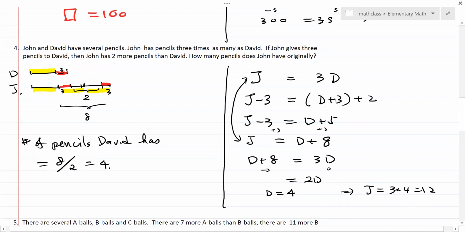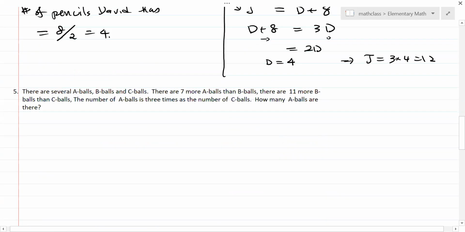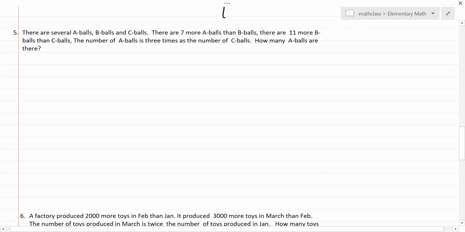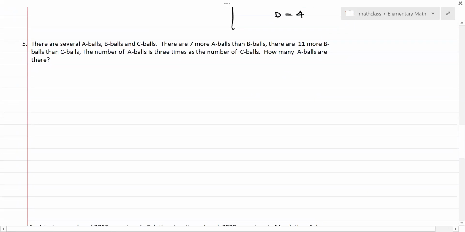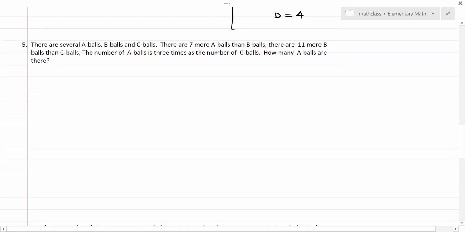I hope you are able to draw the picture. Okay, so let's take a look at number 5. There are several boards we call A, B, C. They're marked. There are 7 more A boards than B boards, and there are also 11 more B boards than C boards.